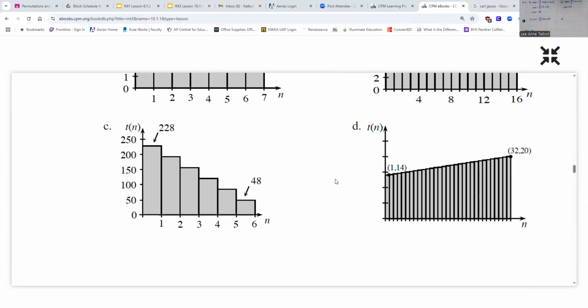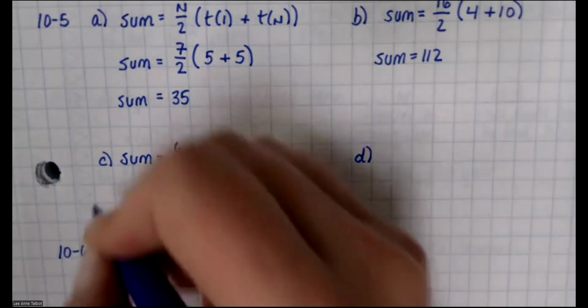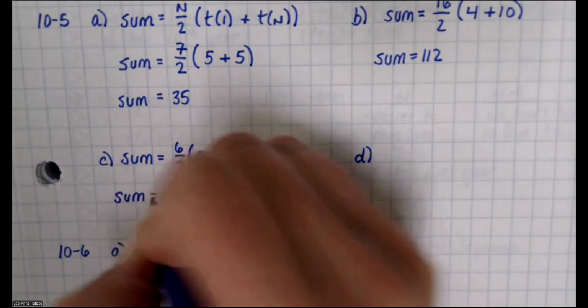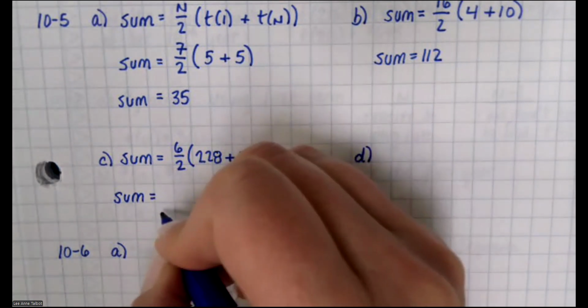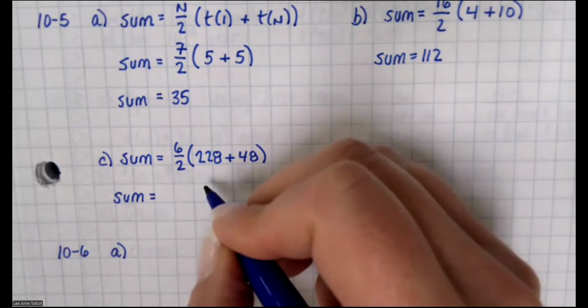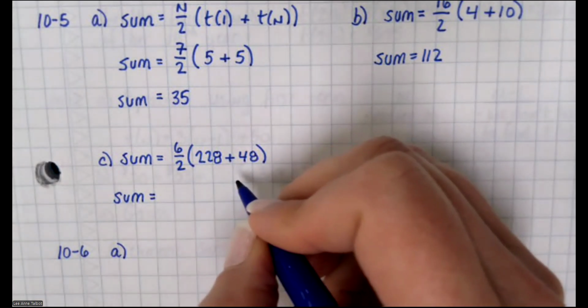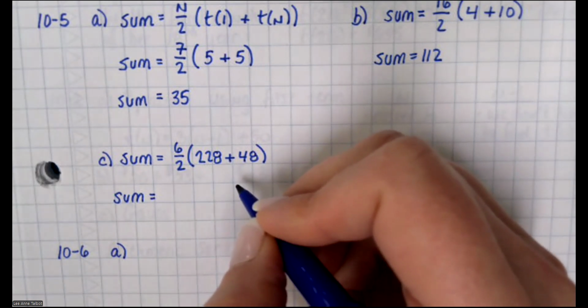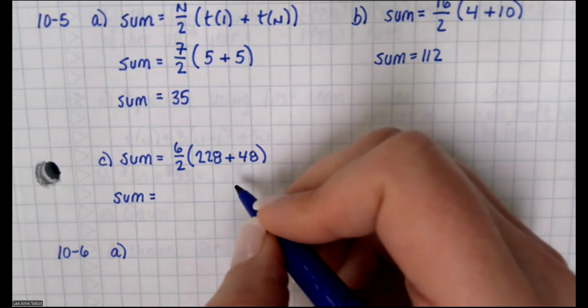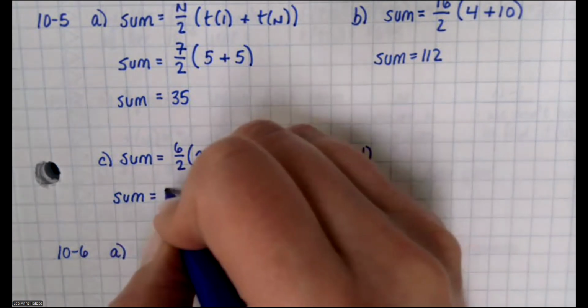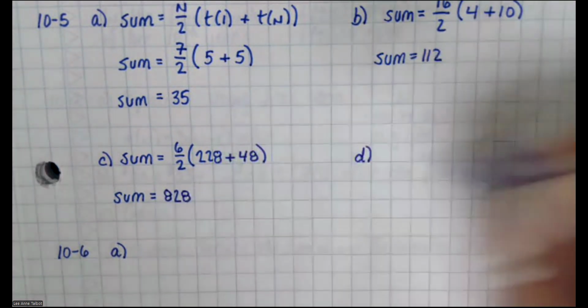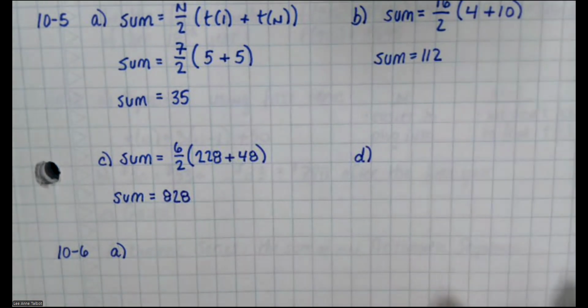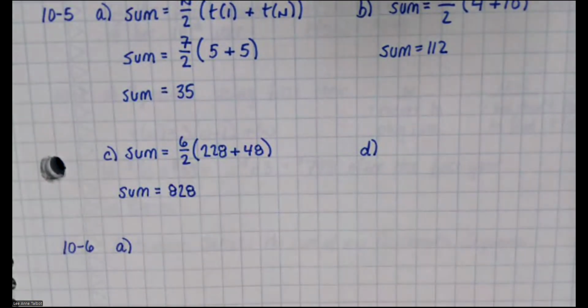Do you guys trust me to add this up on my own? 276 times 3. It'll be 18 plus... I don't know. It's 828. I just glanced and cheated off my notebook from last year.